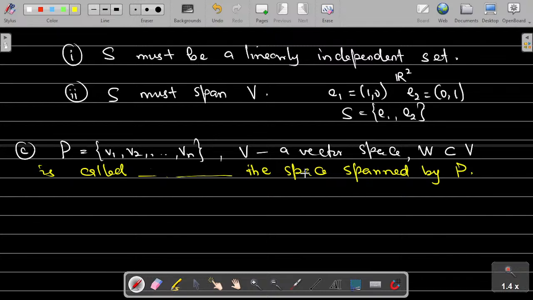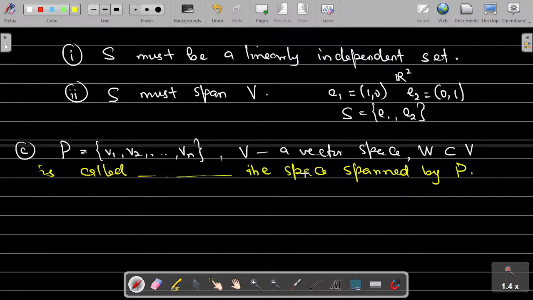Remember I said earlier that a span is a set that has the capacity to produce all the elements of V by some linear combinations. So if this question is saying that W consists of all the linear combinations of P, that means P spans your W. That's actually what they are trying to let you know here. So your W is a space that is spanned by P.